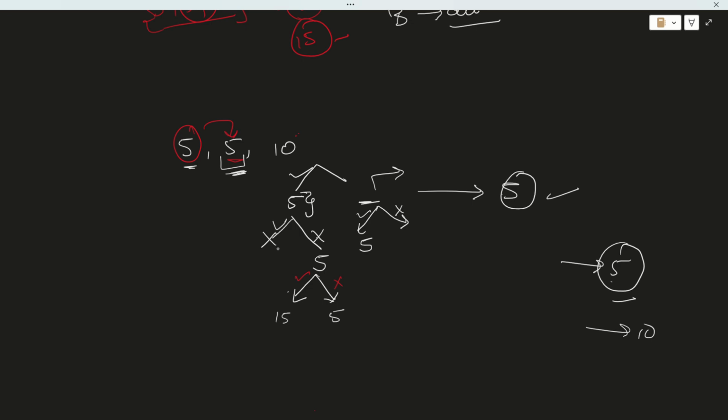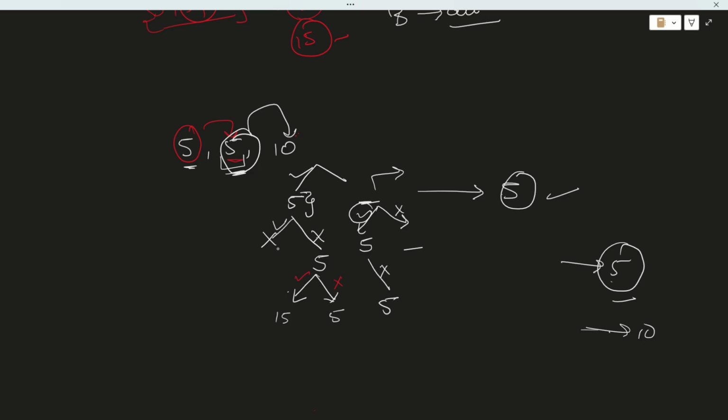If I don't choose the next 5, the answer would be null. Now see, if I have chosen this 5, can I choose this 10? No. I have only one option, not to choose the 10, because I have already chosen the adjacent element of 10. So the answer would be 5 at the level of 10.